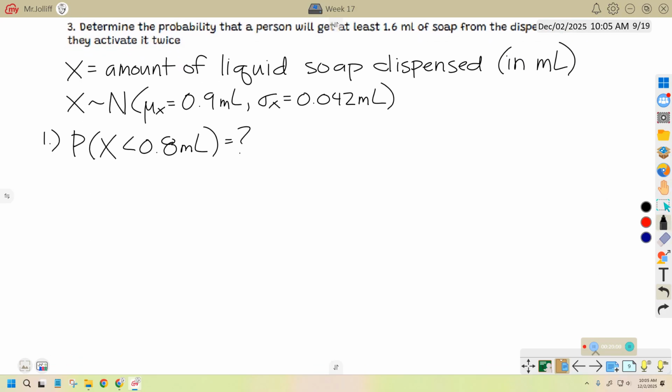So I need somebody with a calculator ready to help me label the hash marks, because I cannot do 0.042 in my head while I'm subtracting. It's too much for this time of day.